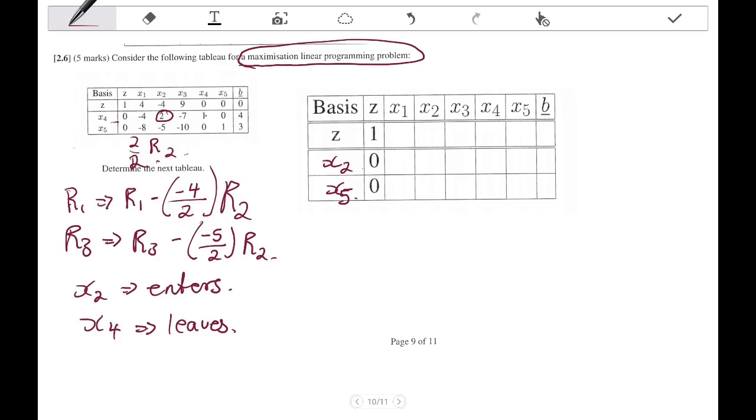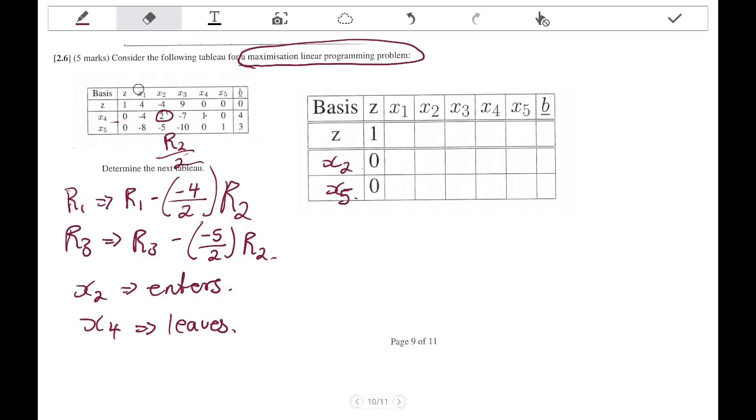Or the simplest way, you just say row 2 divided by 2. You divide each and every element on row 2 by 2, so that you get 1 here, because 2 divided by 2 is 1. So to achieve 1 here, you should divide each and every element on this row by 2.